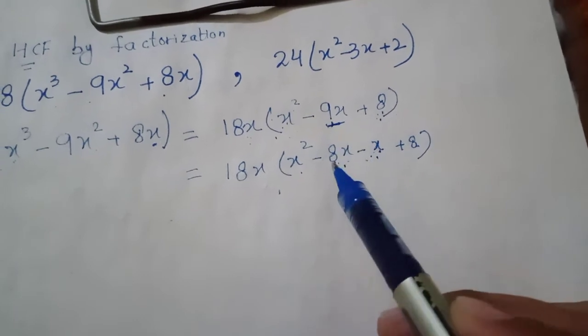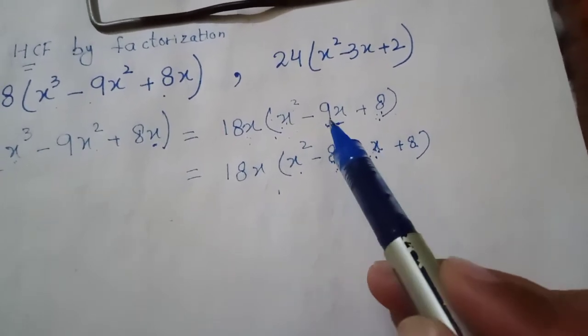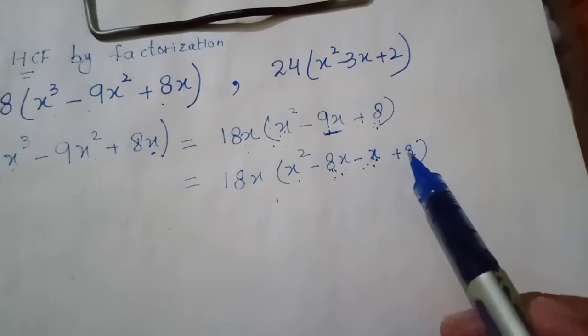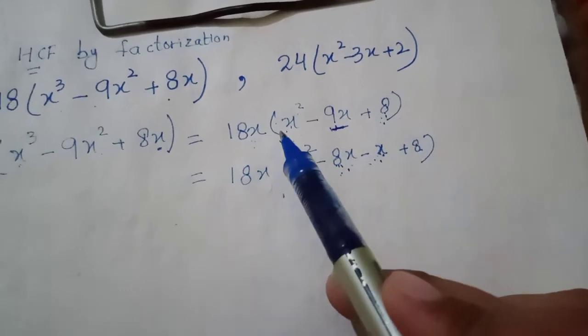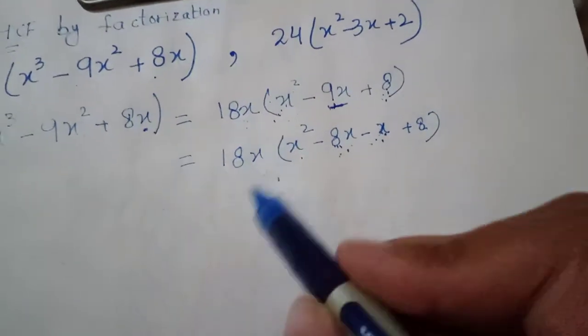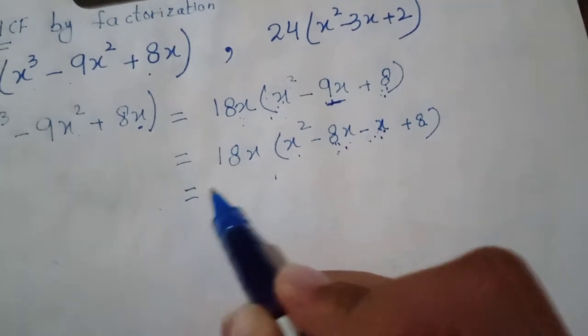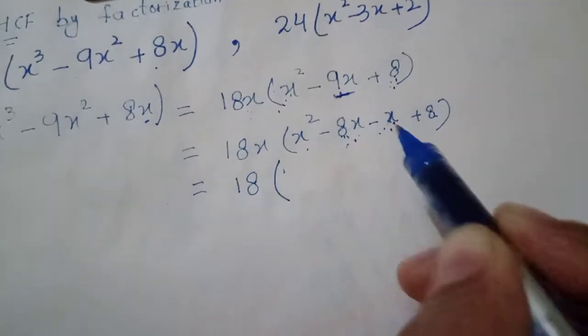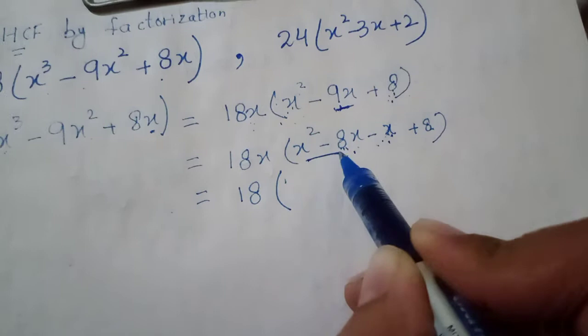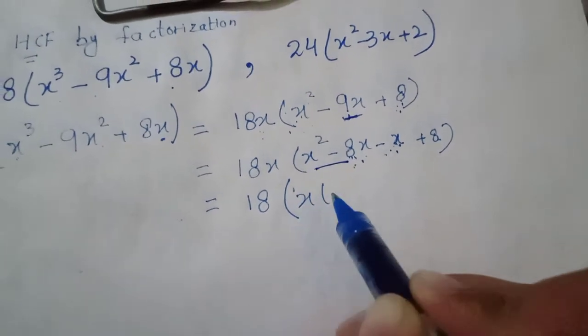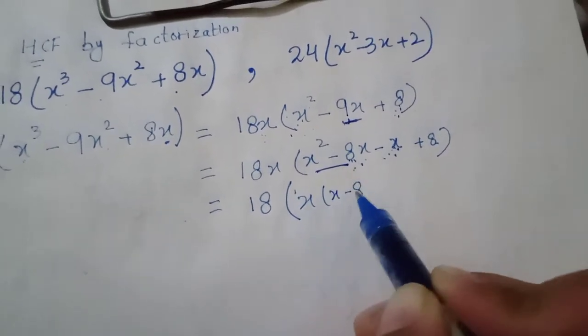Is it clear? So the sum or difference is equal to the central term, and the product is equal to the product of the first and the last numbers. Okay, so 18x, and I will take common from these two numbers. X is common, x minus 8.